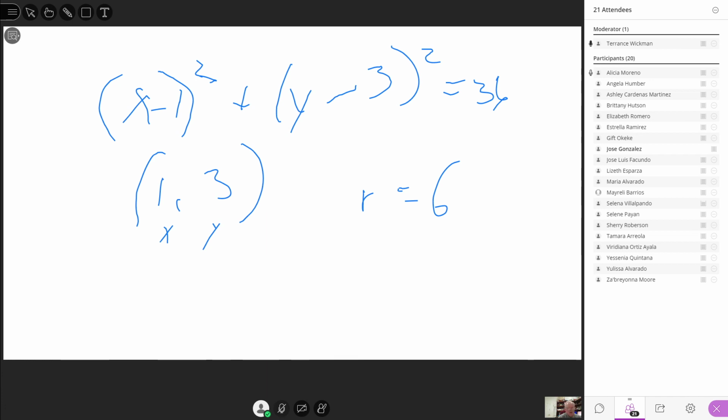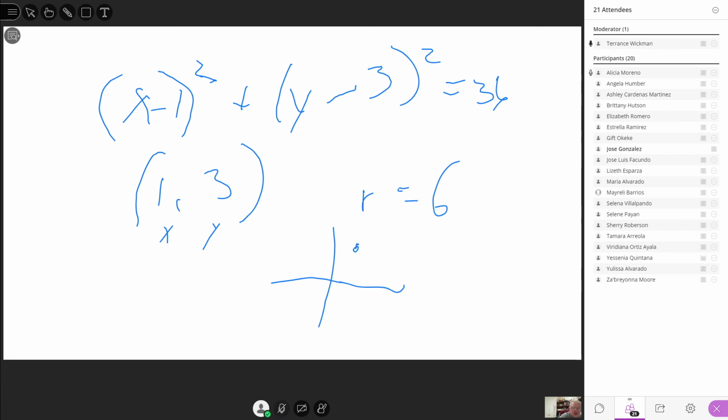Now the solution shows the center of the circle being 1 and up 3. It's badly written, but the circle on the graph goes over 1 and up 3, right about here.